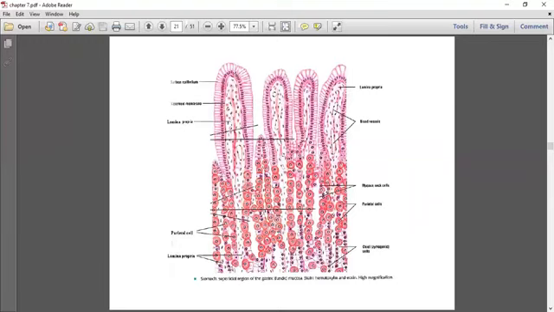Corium or lamina propria, which is normal connective tissue, thus rich with blood vessels.